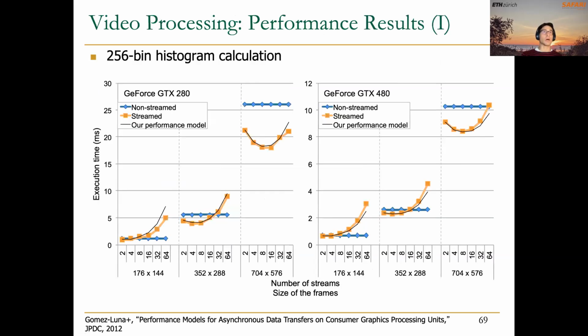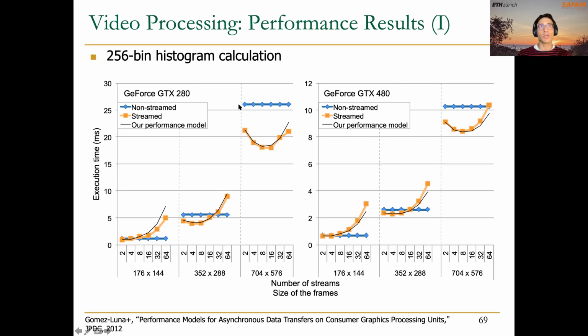Here you can see some performance results. This is execution time for different numbers of streams, in this case from 2 to 64, and this is a 256-bin histogram calculation of the frames of a video. We are using 3 different frame sizes, as you see.